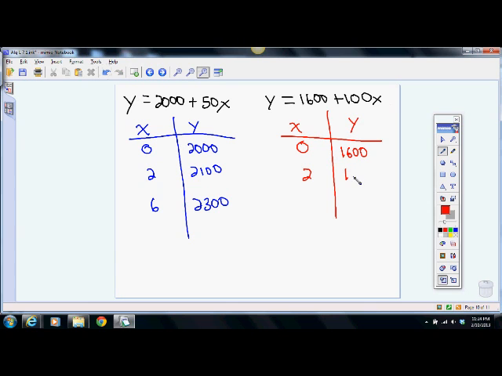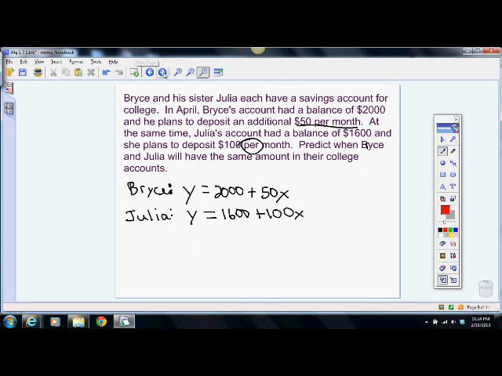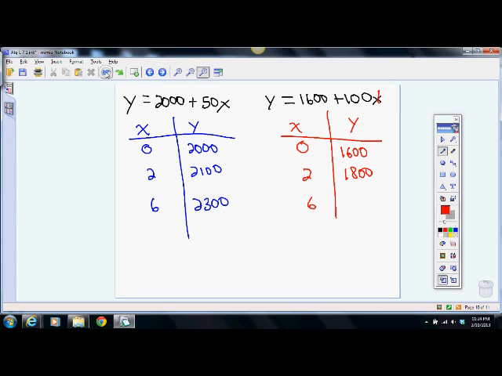It's going to be 1,800. Let's do 6. If I plug a 6 in here, that's 600 plus 1,600, which is going to be 2,200. And just for the sake of things, I'm going to make it a little bit bigger. I'm going to pick 10 months. If I put a 10 in here, that's 1,000. 1,000 plus 1,600 is 2,600.